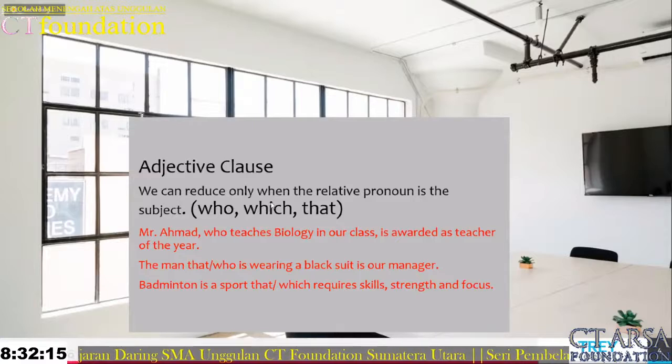Which, is it for person or for thing? For things. As a subject or for object? Replacing subject or replacing object? Both. It can replace subject, it can replace an object. Both are accepted. But here, which is used for replacing the subject.